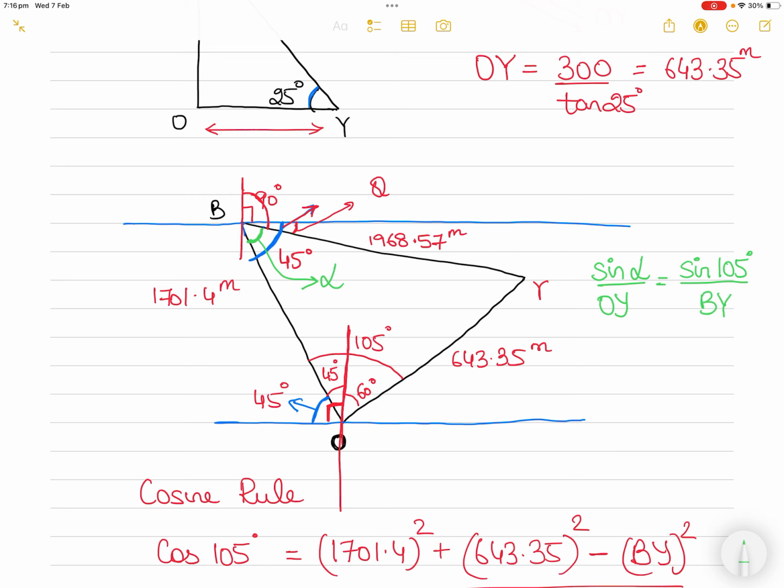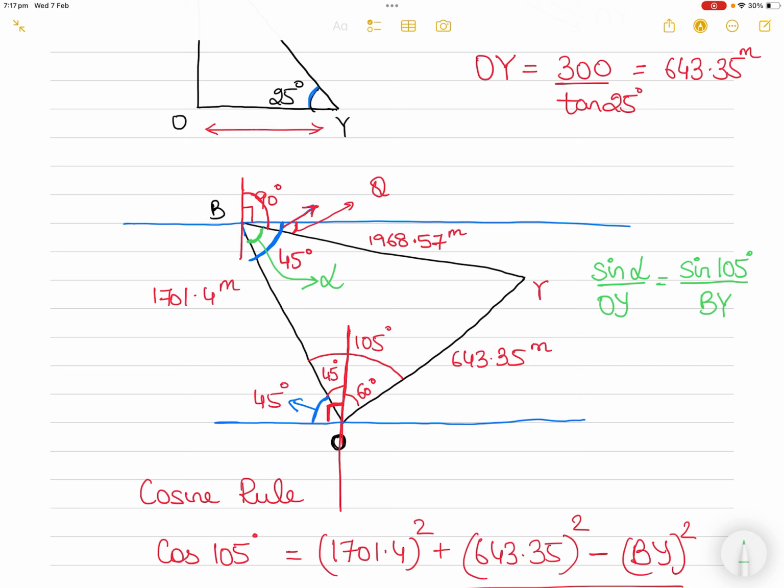It also equals sine of angle Y divided by BO, but it's not important for us. We can take this equation here because we know 3 out of the 4 values. We just need to find sine of L because we know the rest of it.